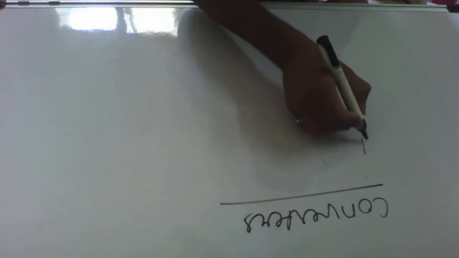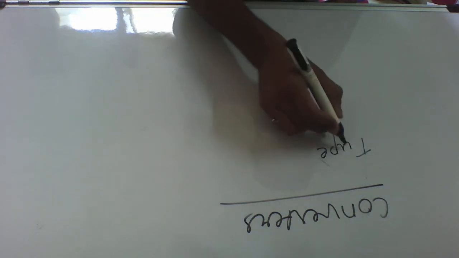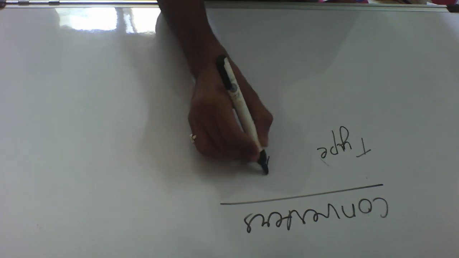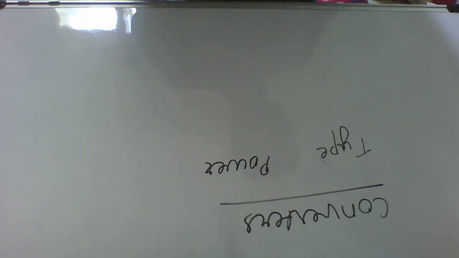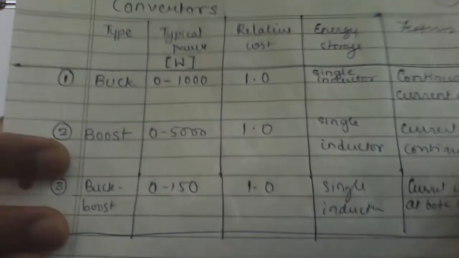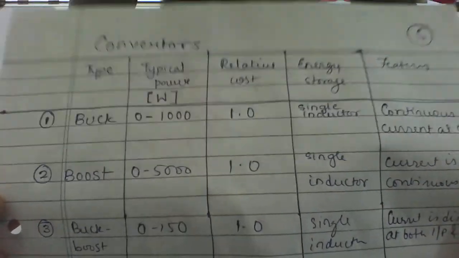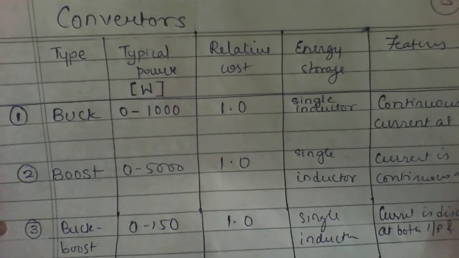Now let's see the features of different types of converters. Considering the type of the converter, the power range, the relative cost, the energy storage, and features. So these are different types of converters.